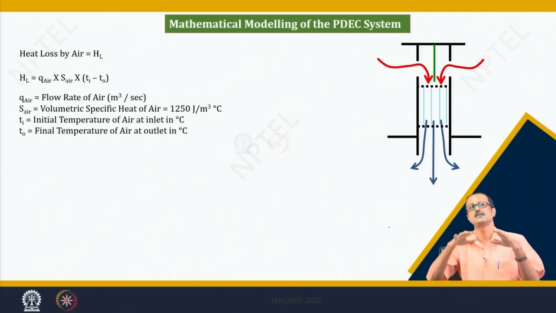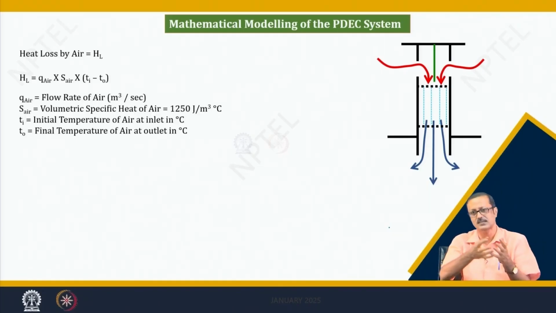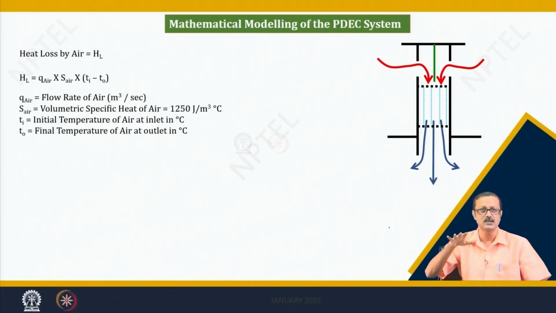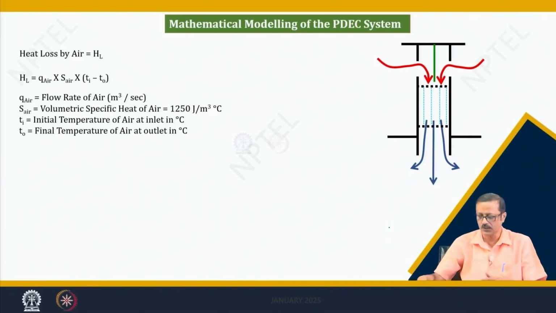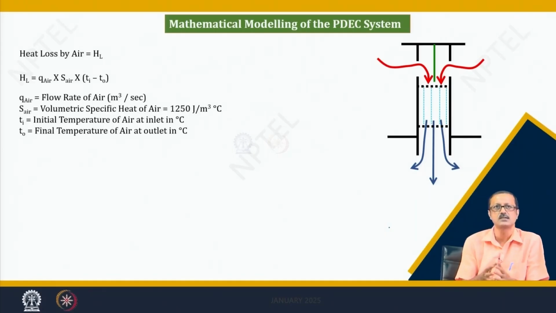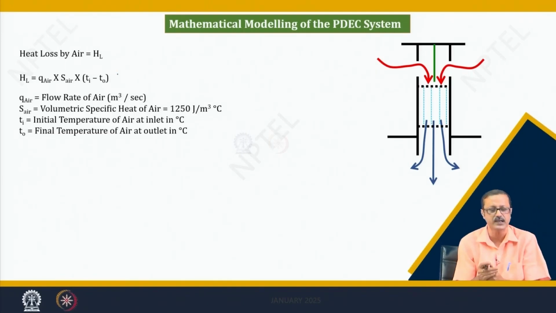Again we have to see the two parts: something is losing heat and something is gaining it. So, the heat lost and the heat gained should be in proper balance with each other. How much heat will be lost by the air is written in this equation. HL is Q of air. What is Q?